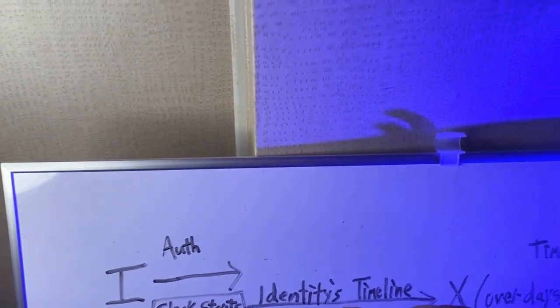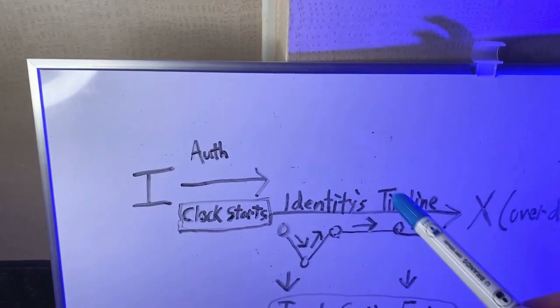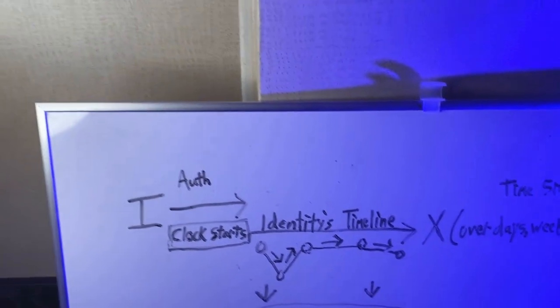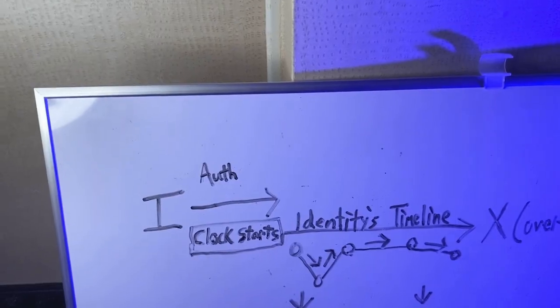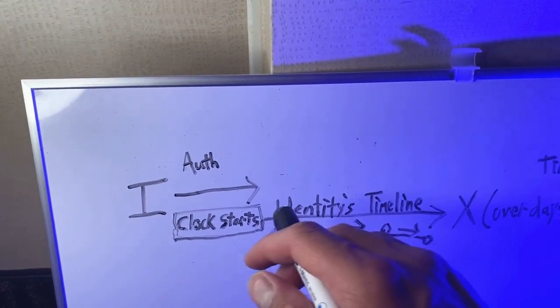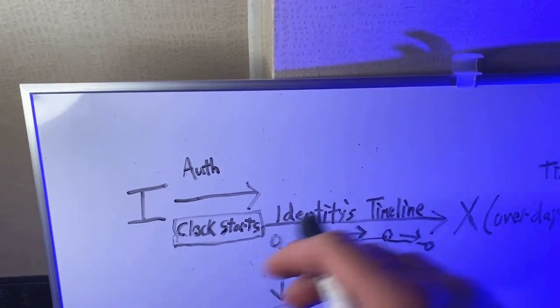And unless something happens, there is no timeline. We look at the timeline after the fact, right? But unless an event occurs, a deviation, behavior, we're not paying any attention to continuity through time, right?